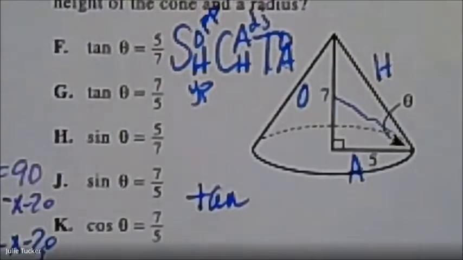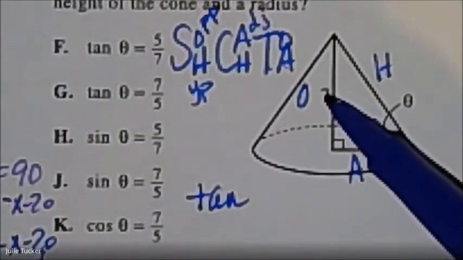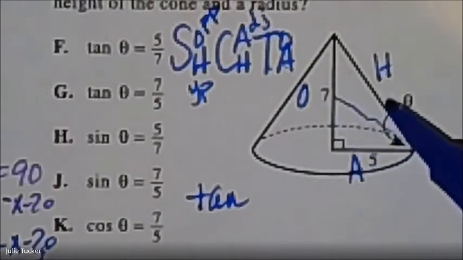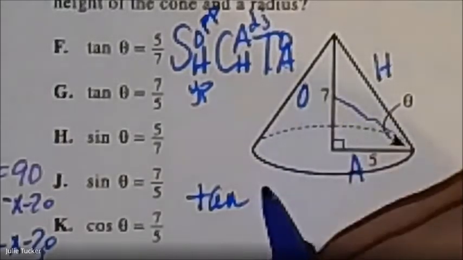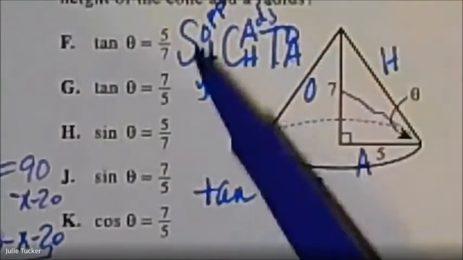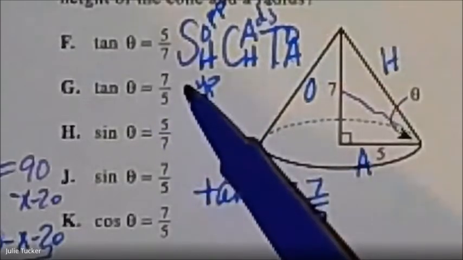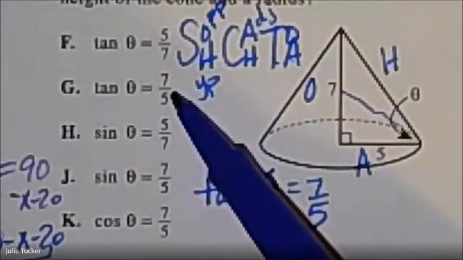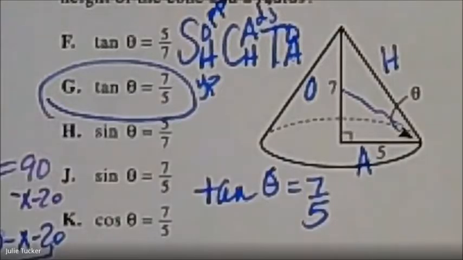Tangent is O over A, O is 7 and A is 5. So that is that one, right? All right, we finished.